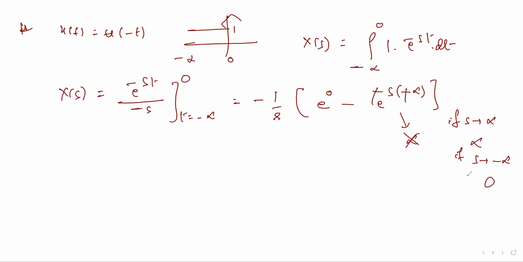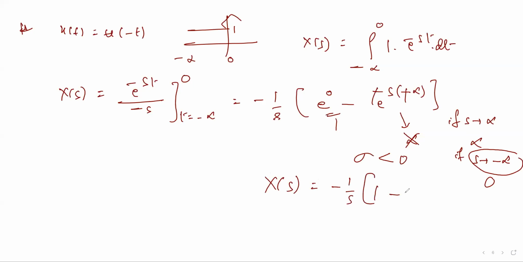This will become 0. So we can decide for convergence, s value negative. So under the condition sigma less than 0, x of s, what happens? Minus 1 by s. This one, however, 1 minus sigma less than 0, negative. Here negative means e to the power of minus infinity, 0. This term will be 0.